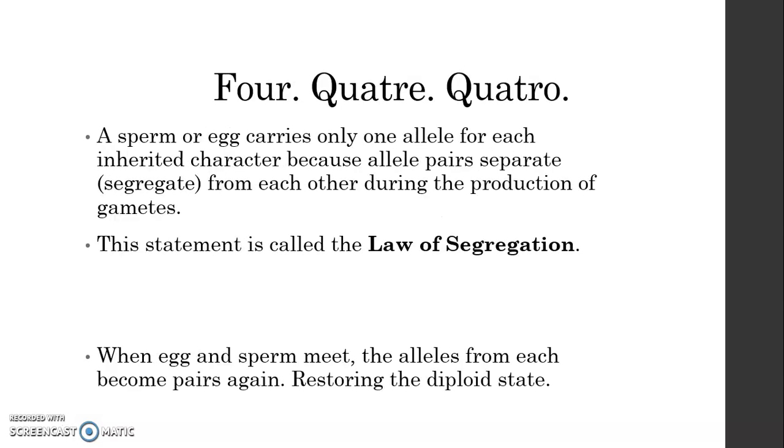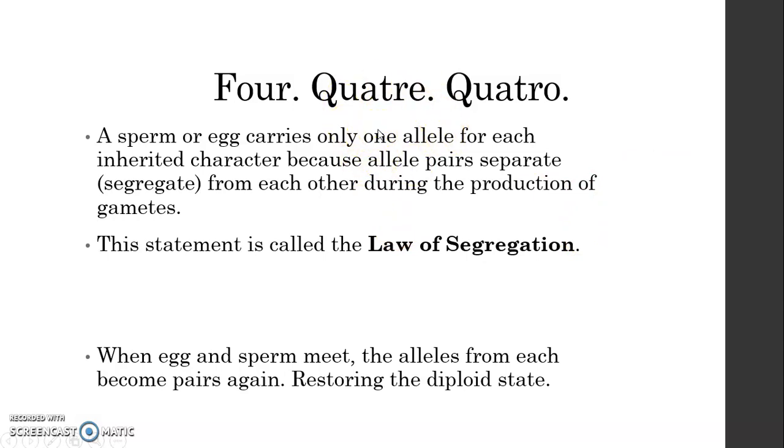And then the fourth hypothesis he came up with is that a sperm or egg will carry only one allele for each inherited character, because the allele pairs are going to separate from each other during the production of gametes. You have seen that. Each of the 4 cells that are produced in meiosis has half the DNA, so they can only have one allele for each character.